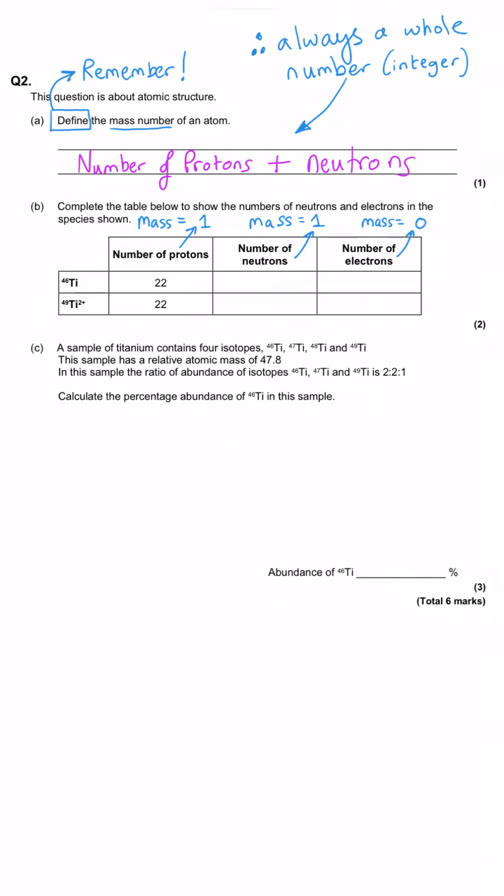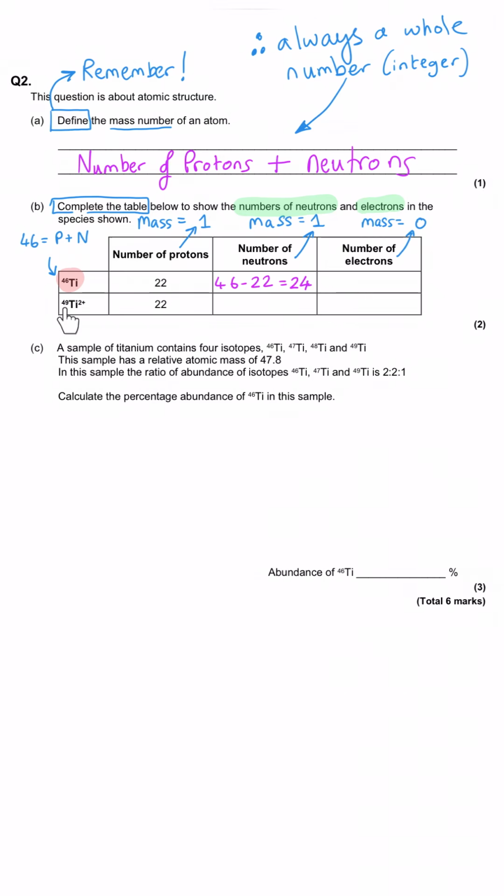In B, complete the table below to show the numbers of neutrons and electrons in the species shown. First of all, we've got titanium 46. So the mass number is 46, so that means that the number of protons added to the number of neutrons is equal to 46. Now titanium has an atomic number of 22, and so that means when we subtract that 22 away from the 46, we get 24 neutrons in the nucleus of titanium.